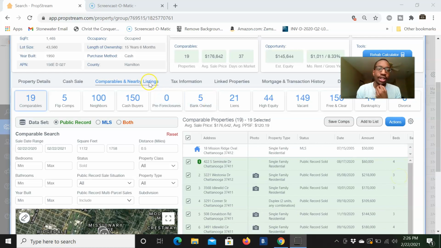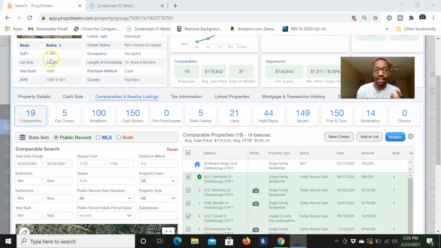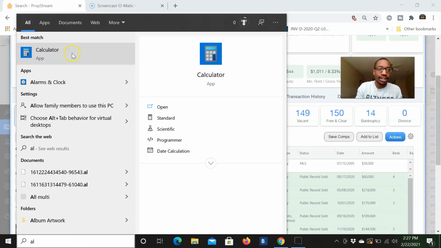To go even more specific, what I like to do is look at here. This is the average price per square foot that homes sold for around this area, and it was $120.19. And you look at your square footage and it's 1465. So what you can do is multiply this by that, and that gives you a more accurate version of the after repair value of this property.